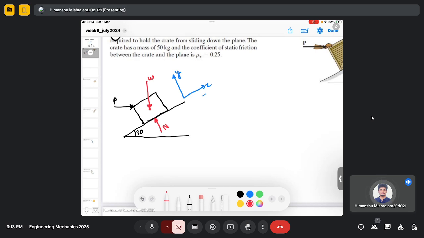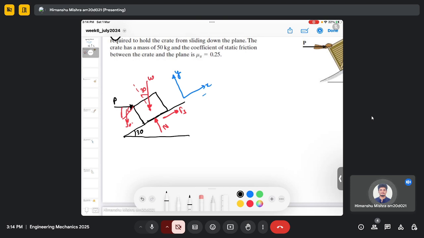Since the block, or the crate, is trying to move in the downward direction, there will be a friction force in the positive x direction, so it will be this. This is 30, and this is also 30.